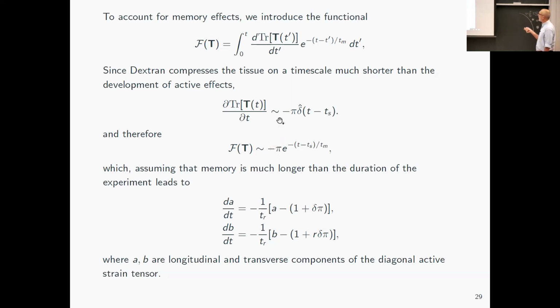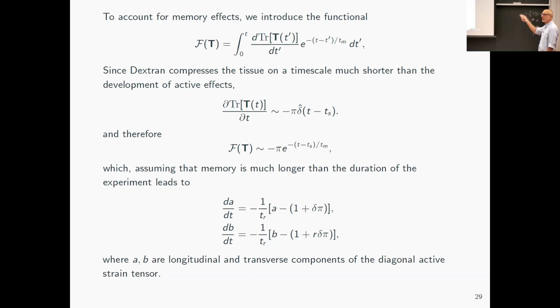So you define this functional f of t, which is something like a measure of the stress in time with an exponential decay. Then you apply just one step load. So the derivative that I was writing there is actually a step, and so the variation is a step.